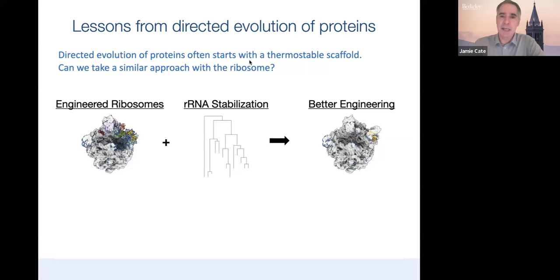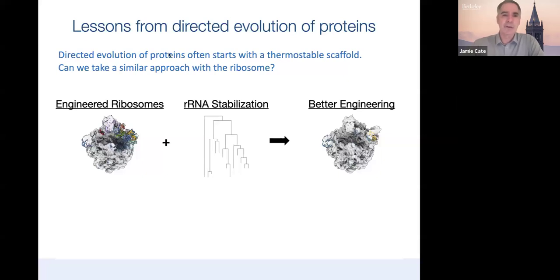What this means is, let's say you have an enzyme, and you want to have it do a new chemical reaction. What she realized was that it was often important to start with a protein that is thermostable, that actually works at very high temperatures, say 60, 70, 80 degrees Celsius.